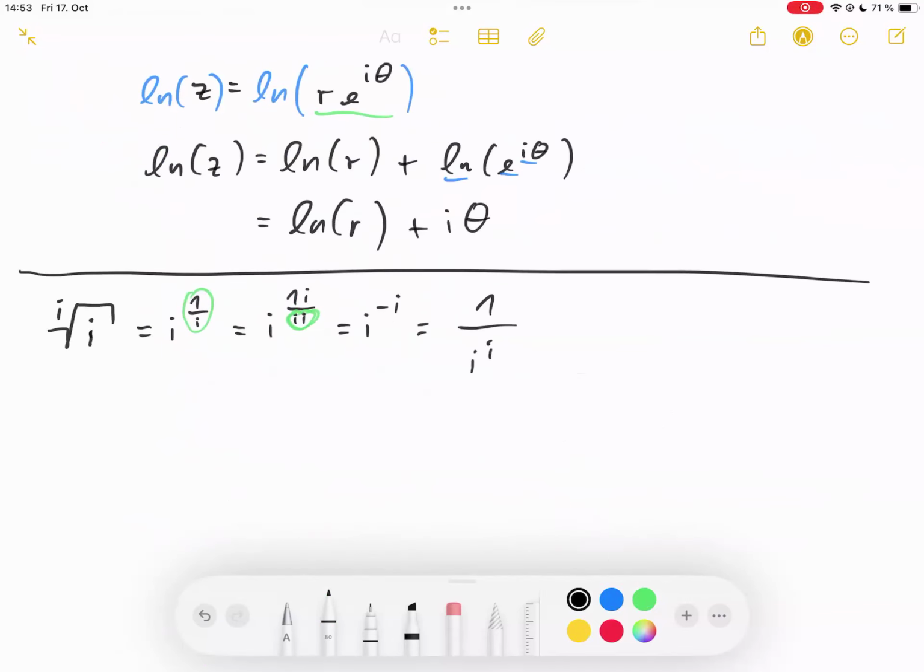So this is 1 divided by e to the power of minus pi half, which is something like 4.81048 and so forth.